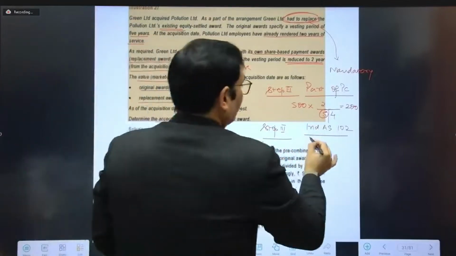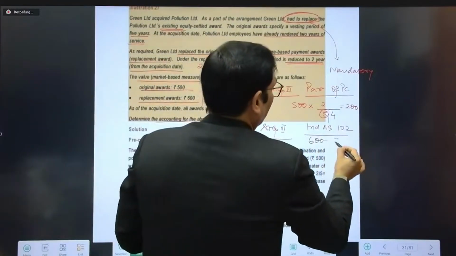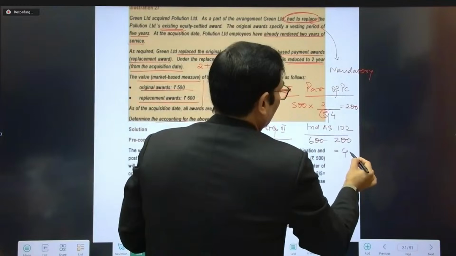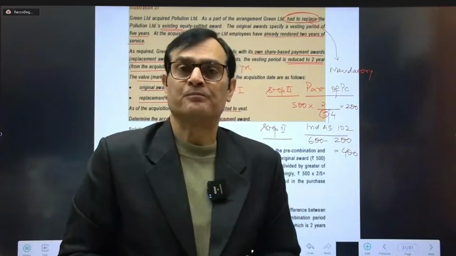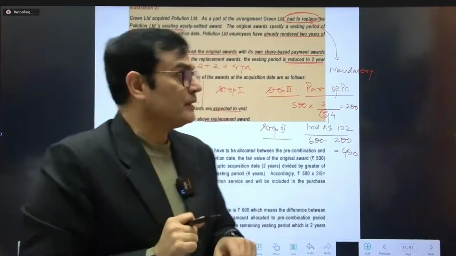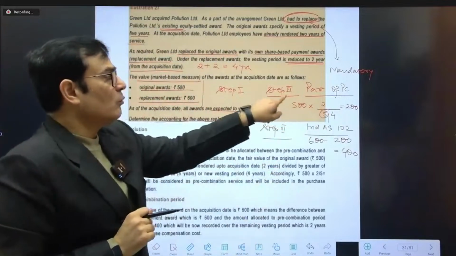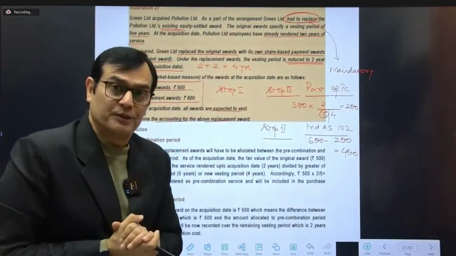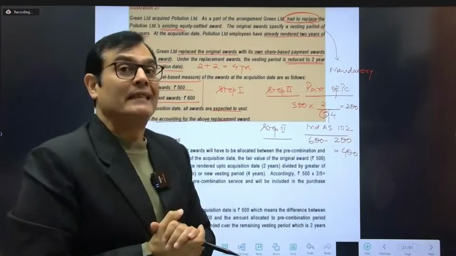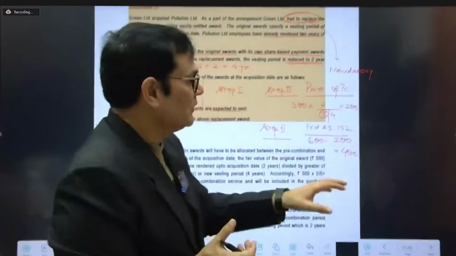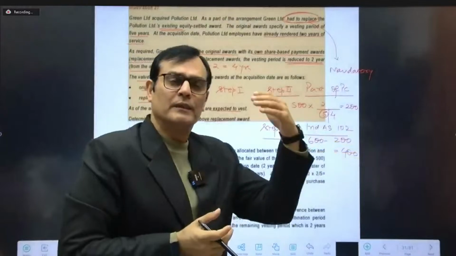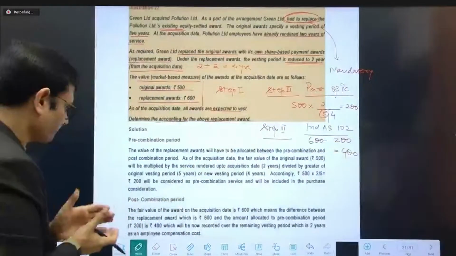The fair value of the replace award is 600 minus step number 2, which is 200. 400 is going to be accounted under Ind AS 102. So I just need to tell the examiner that this 200 is what is a part of the purchase consideration so that I can create an SBP reserve in the books of the acquirer, and the rest 400 is going to be accounted under 102 in the post-combination period.